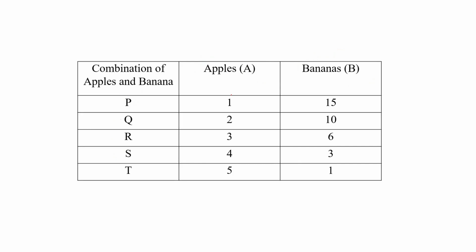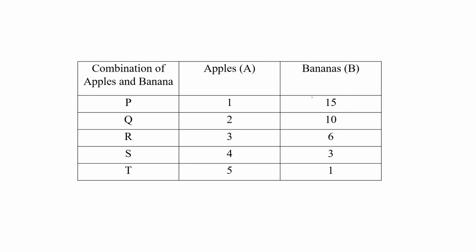It's showing that if you consume one unit of apple and 15 units of bananas, then you get some kind of satisfaction. If you consume 2 units of apple and 10 units of bananas, you get the same satisfaction. If you are consuming 3 units of apple and 6 units of banana, the same kind of satisfaction you get.